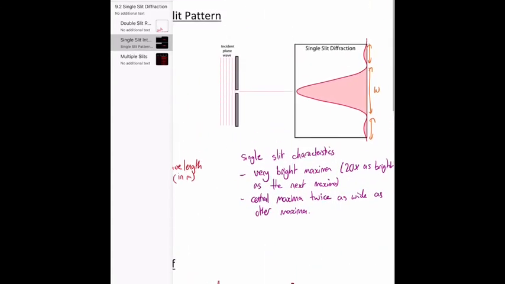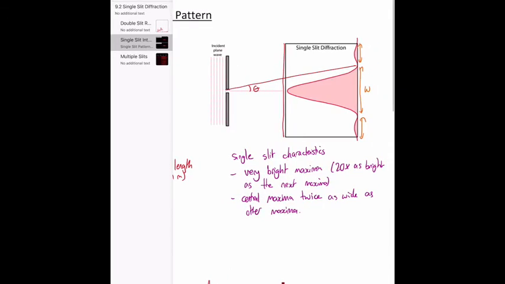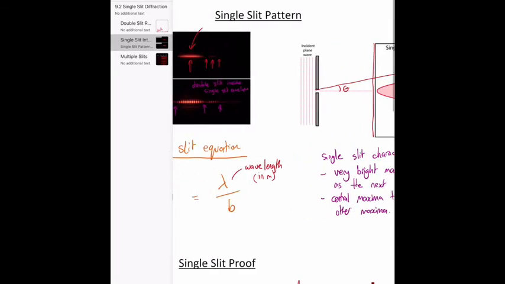So if you look at this situation here, let's say this is my screen here, along that line. My theta in this instance will be the angle to the first minima. So it's the angle between the centre line and the first minima.